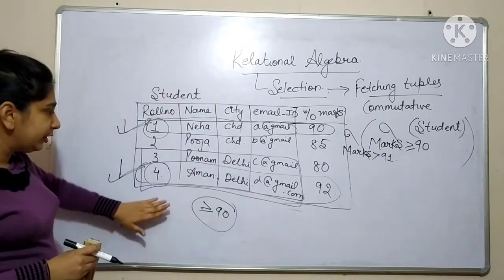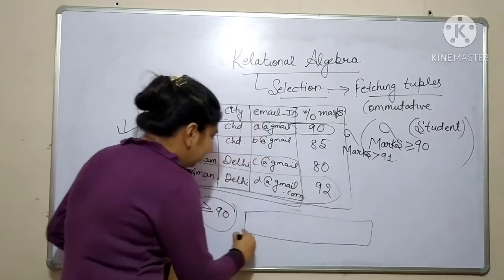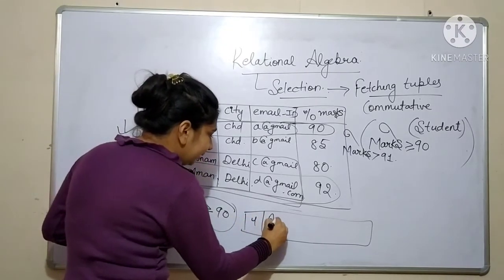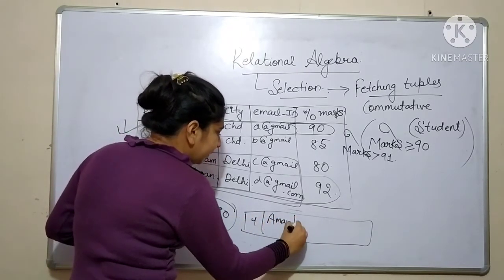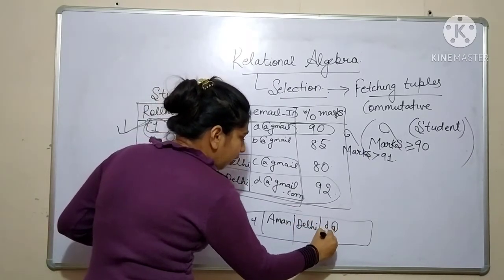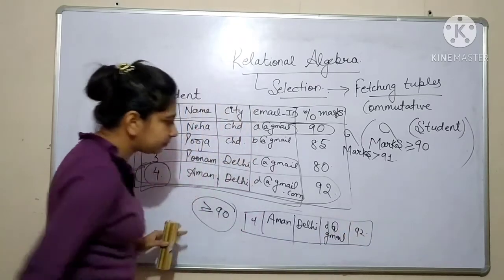So what is going to be my output in this case? I will be fetching the fourth tuple: 4, Aman, Delhi, d@gmail.com and 92.